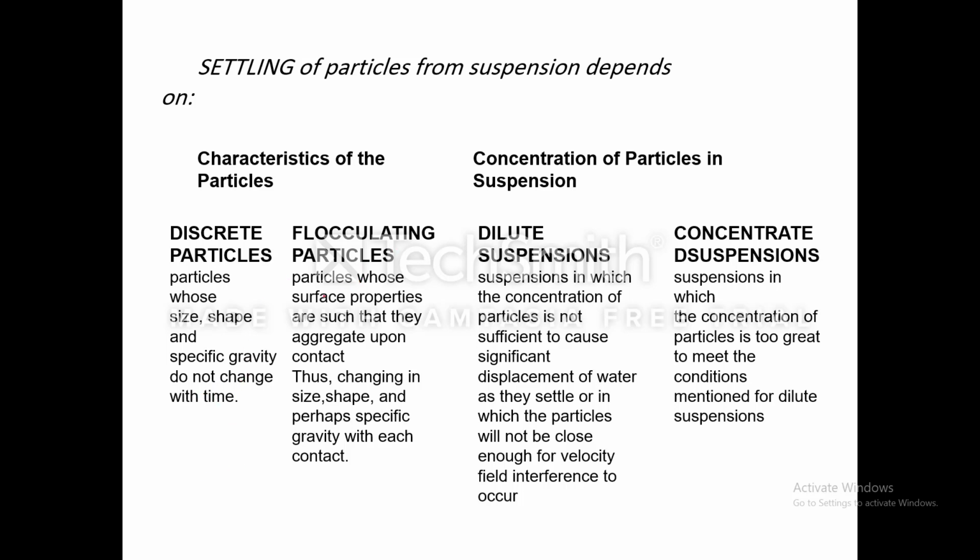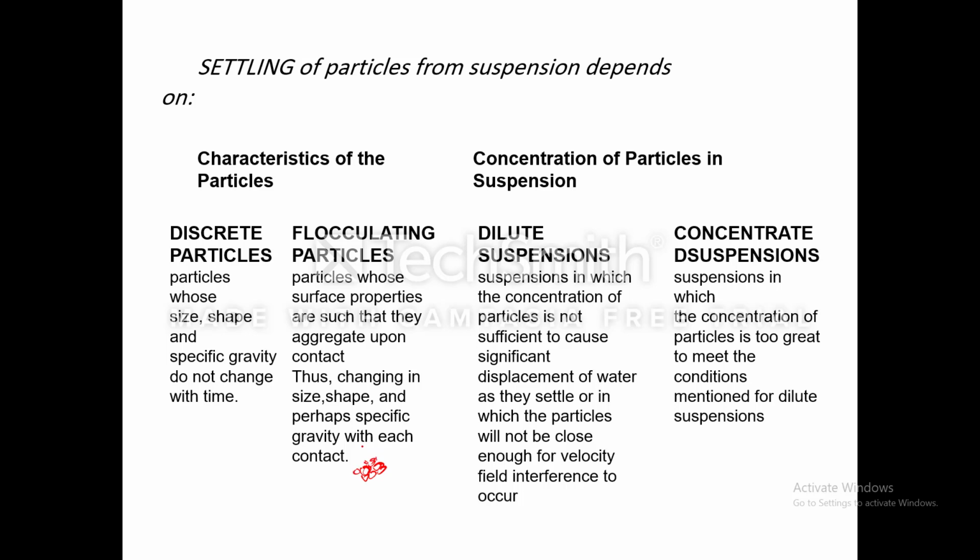Flocculant particles, particles whose surface properties are such that they aggregate upon contact, thus changing in size, shape, and perhaps specific gravity with each contact. And we previously explained that particles like this start to aggregate through extracellular polymeric substance and will settle or move faster than other particles.